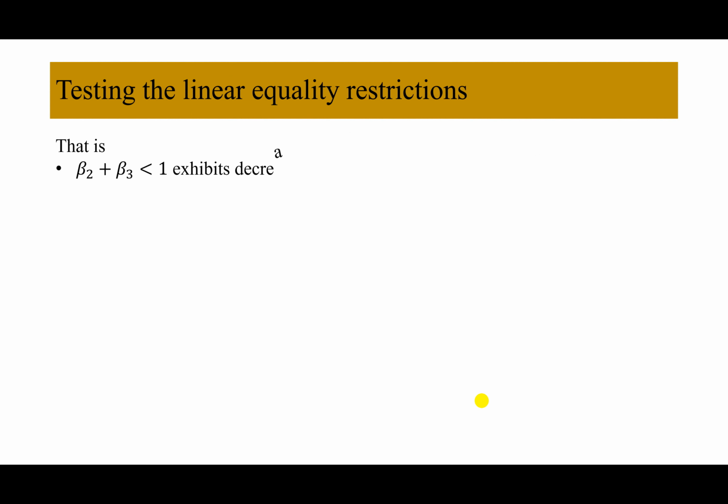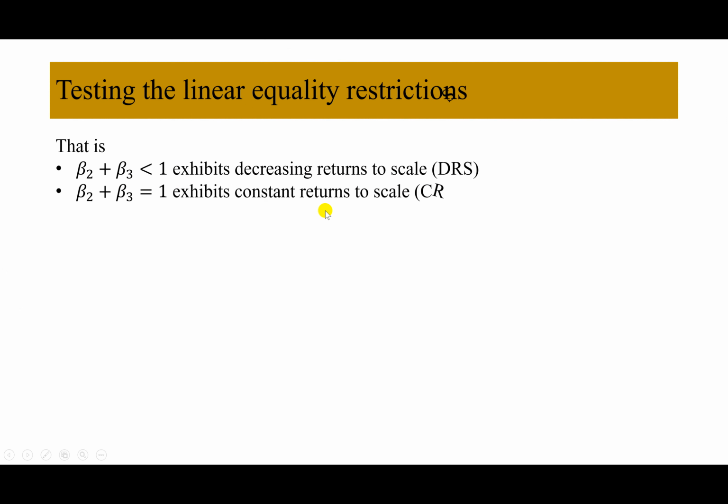In short, if beta 2 plus beta 3 is less than 1, we have decreasing returns to scale. If it is equal to 1, we have constant returns to scale. And if it is greater than 1, we have increasing returns to scale.